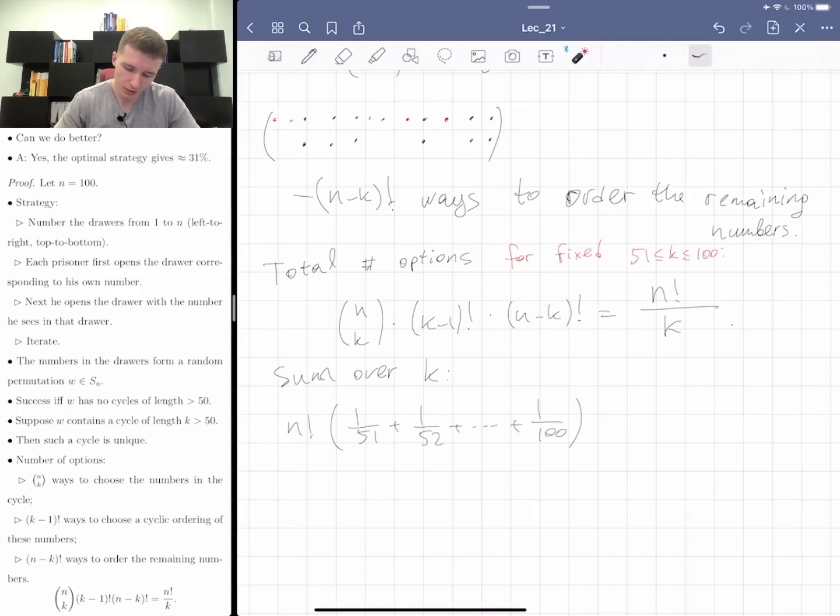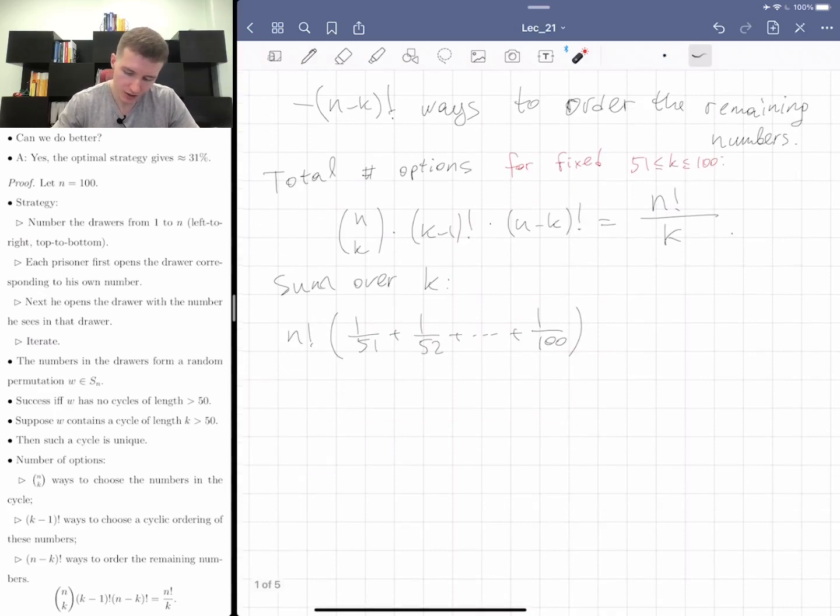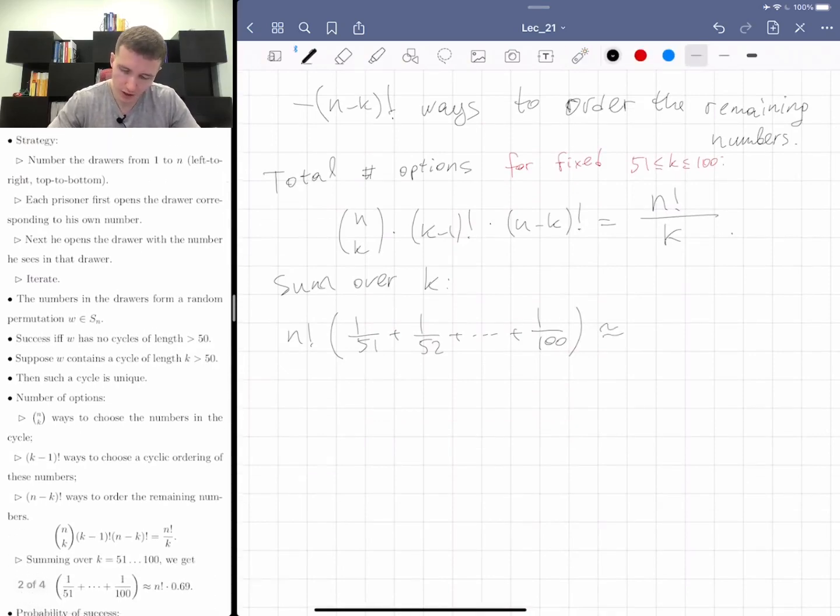You can plug this into Wolfram Alpha, or write a program, and you're going to see that this is approximately n factorial times 0.69.